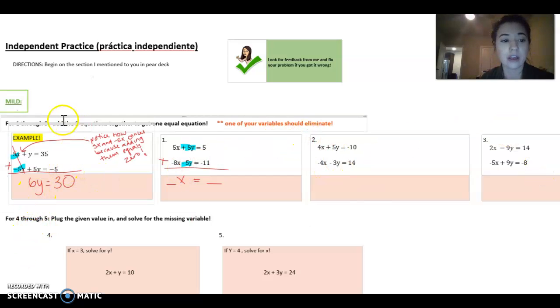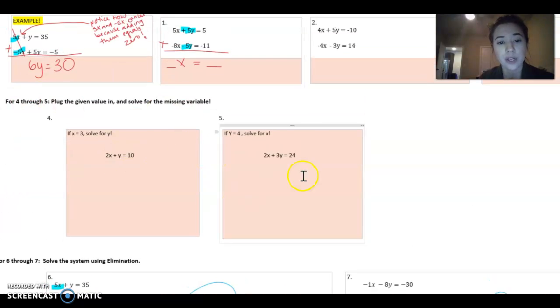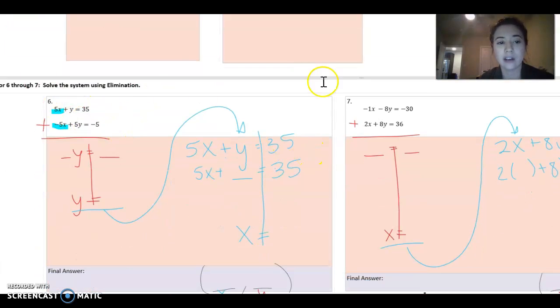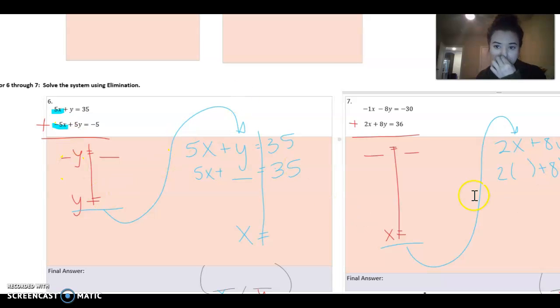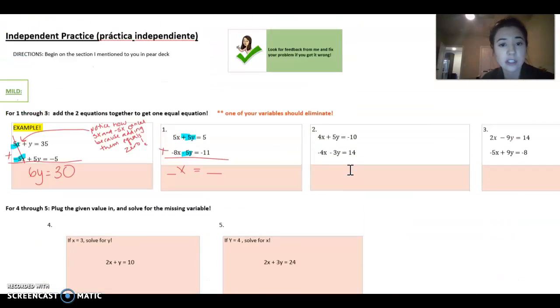So not solving. I just want you to do this step of adding your equations together. And then doing this step of plugging in 3, solving for y, plugging in 4, solving for x. And then finally an elimination problem where I give you some helps to get started. Okay? Choose the one that best fits you.